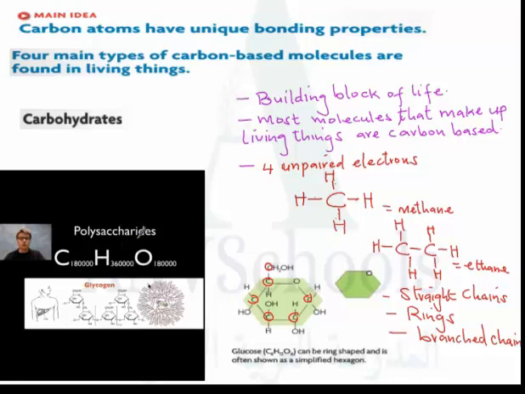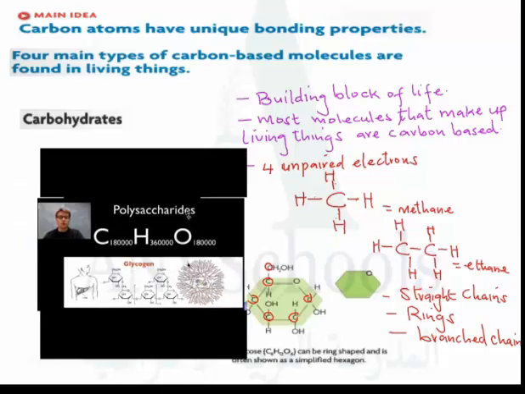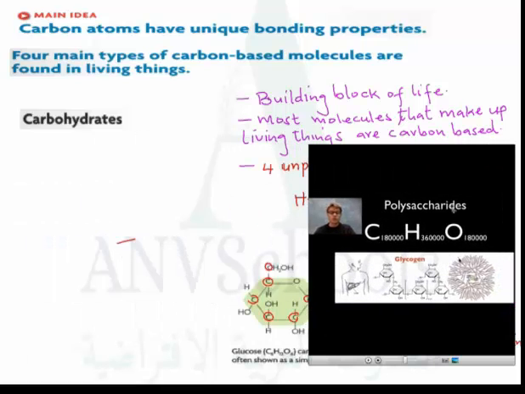As we look at these, let's base ourselves on one thing here. Normally, carbon molecules form monomers.